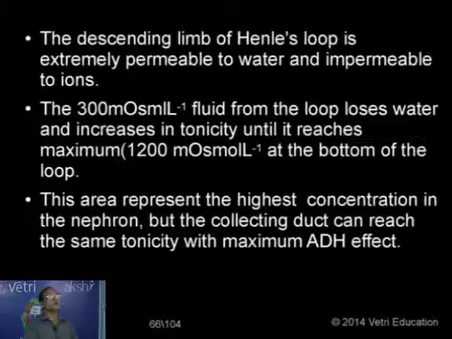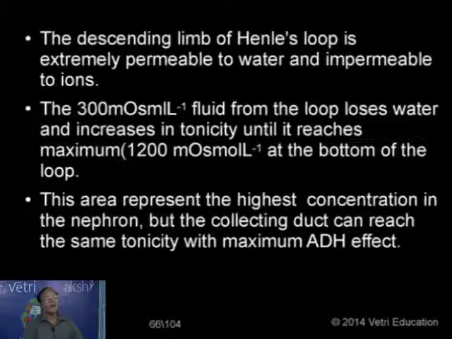It loses water and increases in tonicity until it reaches the maximum osmolarity of 1200 at the bottom of the loop. So gradually it is losing water and finally reaching a maximum osmolarity of 1200. So we have a maximum osmolarity only at the bottom of the Henle's loop. This is the area that I represented earlier.